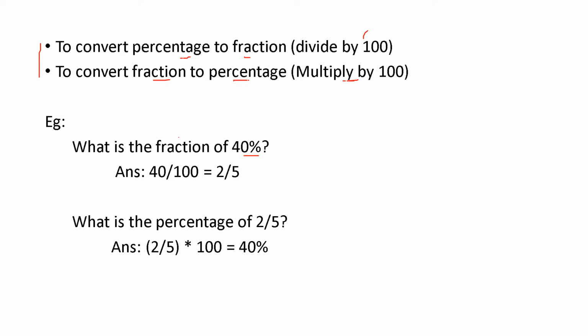So fraction you have to find. Okay, fraction means divide by 100. So 40 by 100. Next is, what is the percentage of 2 by 5? Fraction is given and you have to find the percentage. So 2 by 5 into 100. That is 40%. Okay.